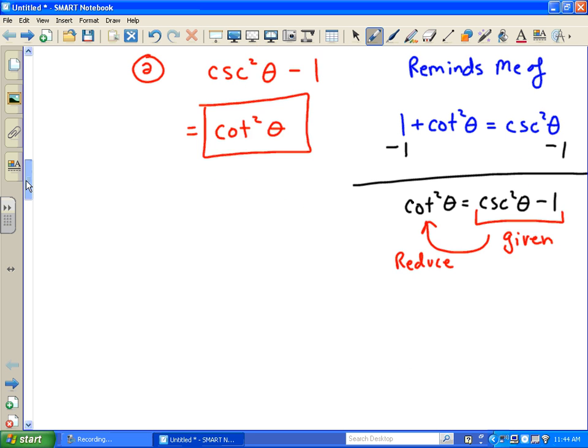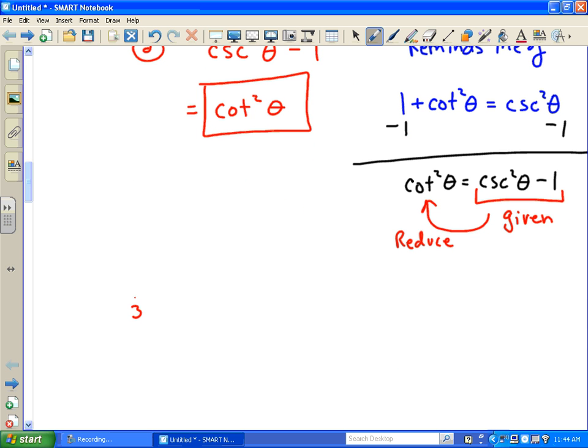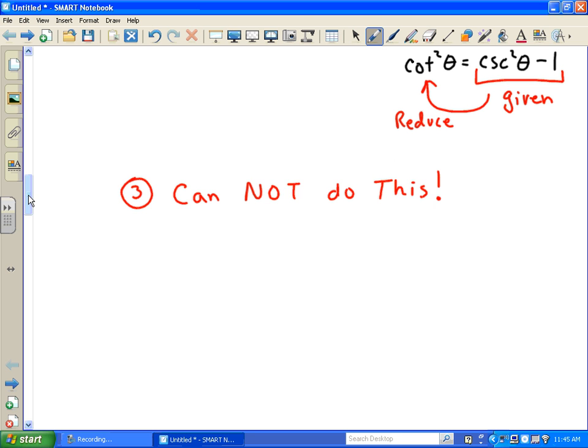Okay, on these, I will give you what I would call a non-example. In other words, this is something that you absolutely cannot do. So I'm going to put on here a big old "cannot do this." Okay, and this later on is going to become tempting. In other words, if I've got something like 1 plus tangent of theta, you might think, oh, I've got 1 and I've got the tangent of theta.